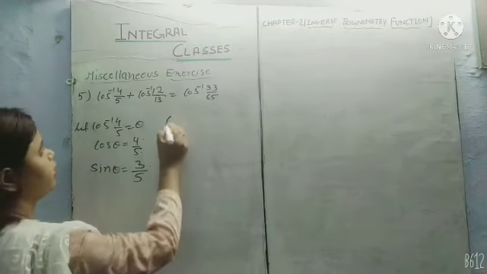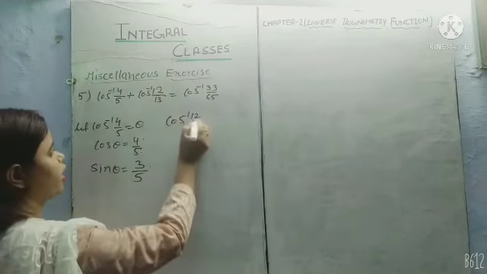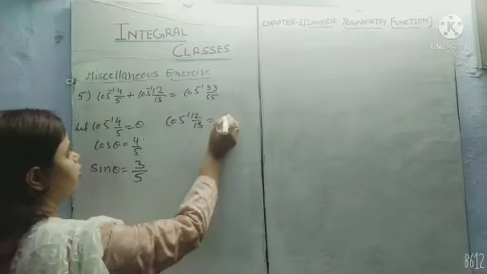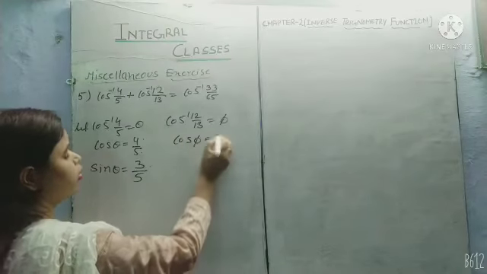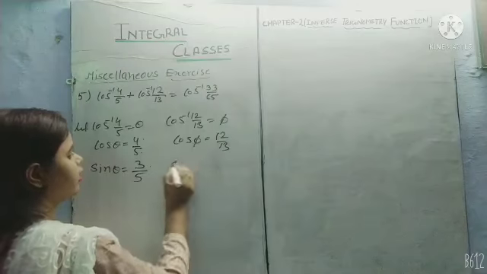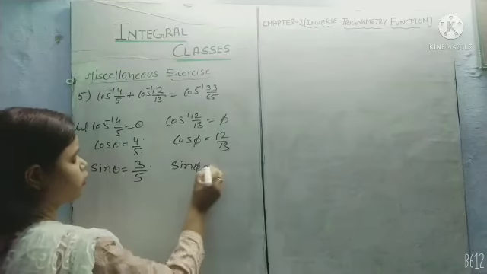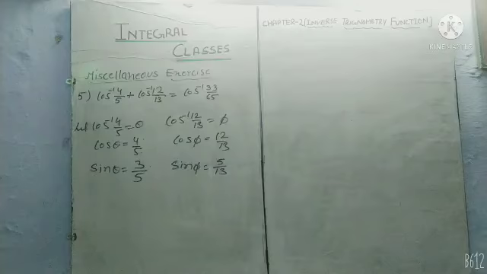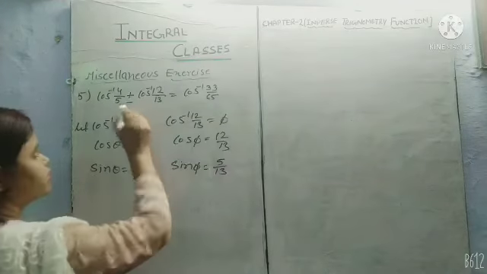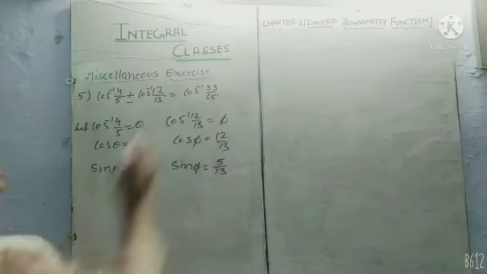Now secondly, cos inverse 12/13 equal to phi, then cos phi equal to 12/13 and sin phi equal to 5/13.